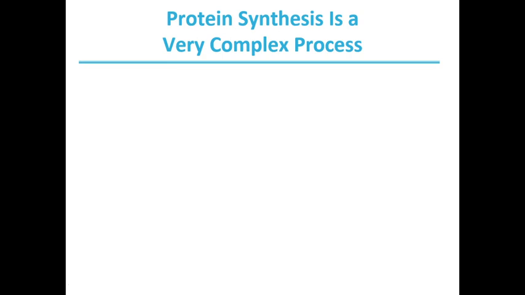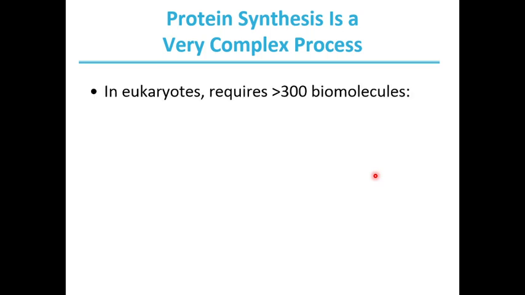I said in the beginning that protein synthesis is a very complex process. And why is this? If you consider eukaryotes, it requires greater than 300 biomolecules to synthesize a protein.